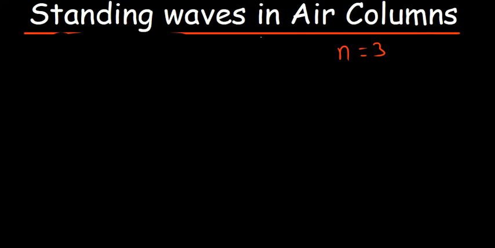Okay. So if n is equal to 3, then what should we know? We'll have 1, 2, like that. So let's say it is open at just one end. Okay, so how many loops do we have? We have 2 here.